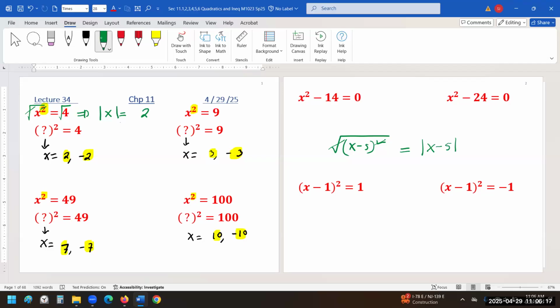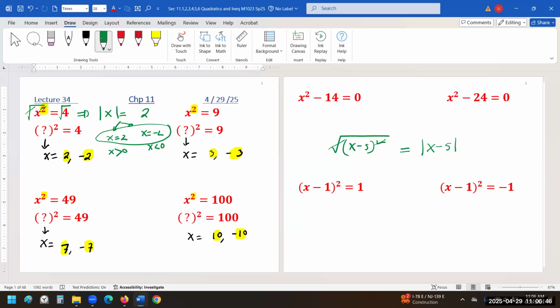When you pull out the absolute value, we have two choices. The result is either 2 if x is positive, or -2 if x is less than 0. So that's how we have two solutions: one is +2, one is -2.